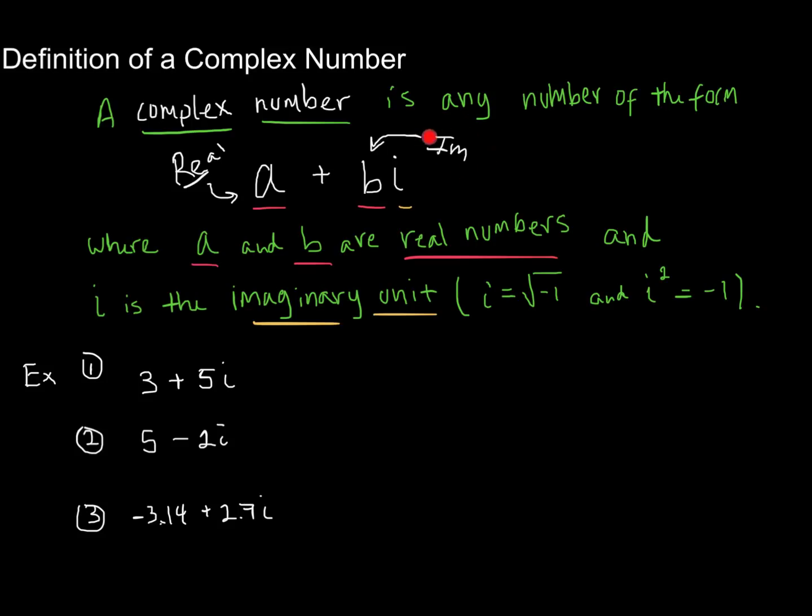The imaginary component, or sometimes it's called the imaginary part, abbreviated Im, is the b value, because the b value is always multiplied by i, meaning it is an imaginary component. And so we can talk about the real part of a complex number and the imaginary part of a complex number. Okay, so with that in mind, let's take a look at a couple of examples.